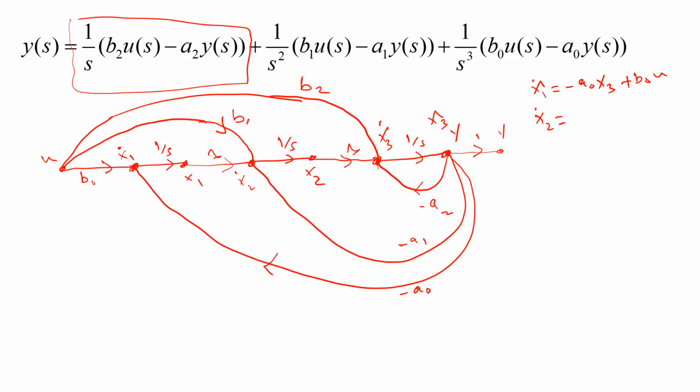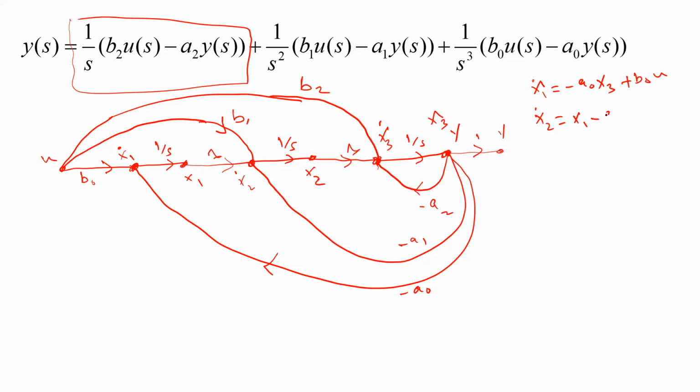We have minus A1 Y, plus B1 U. Plus something else. No, it is this one here, so it is going to be x1. From x1, yes.